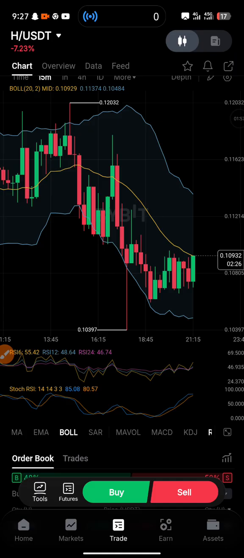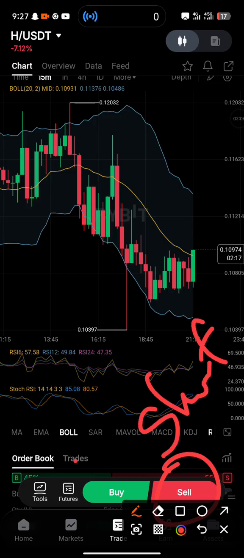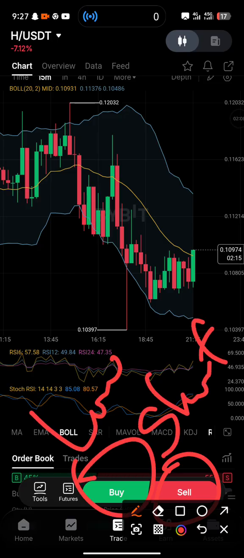If you click on it, it's going to bring you to somewhere of this nature. But anytime you click and you see this place written short and this place written long, this is not spot trading. This will be known as derivatives or futures trading on Bybit.